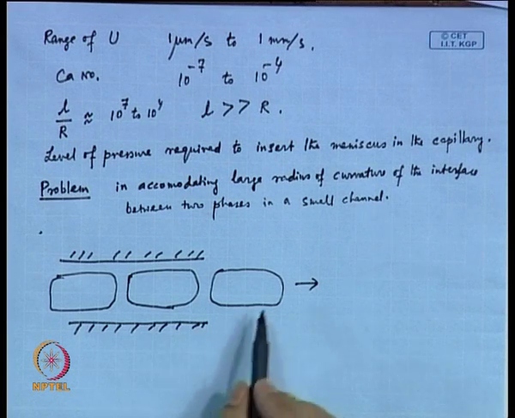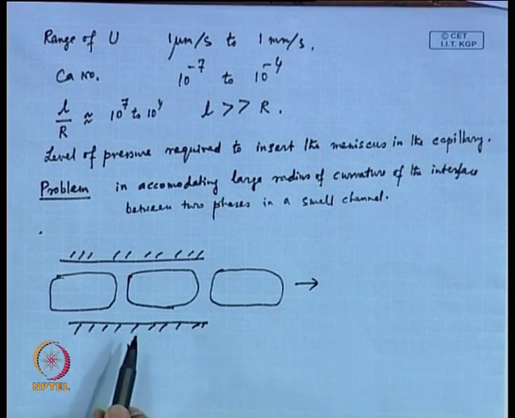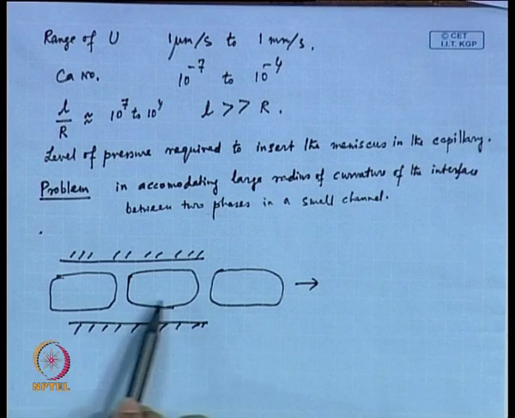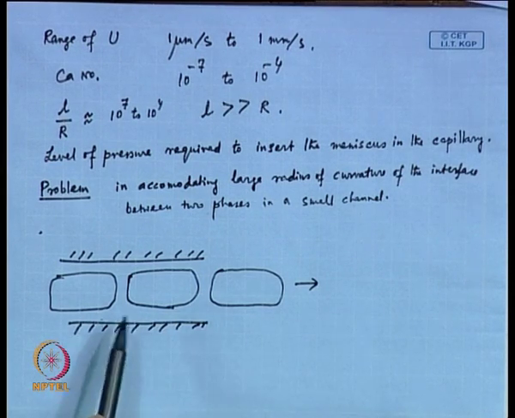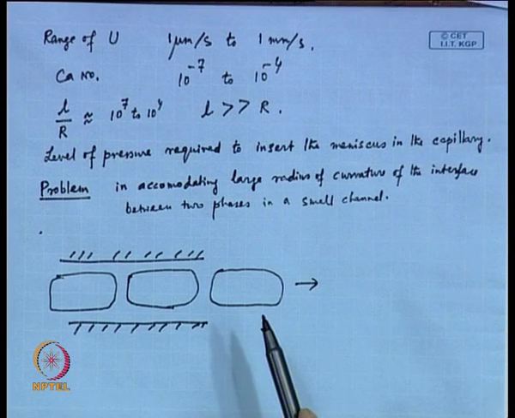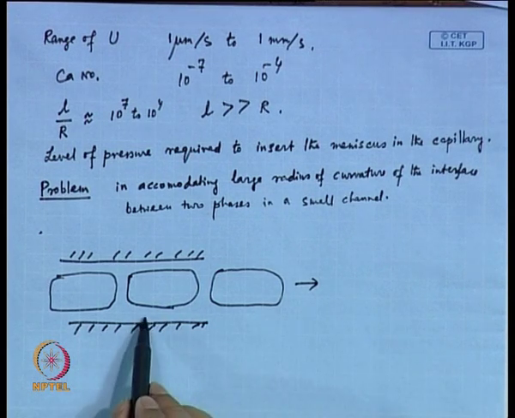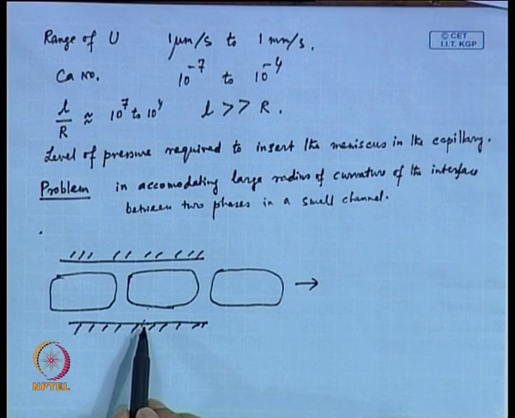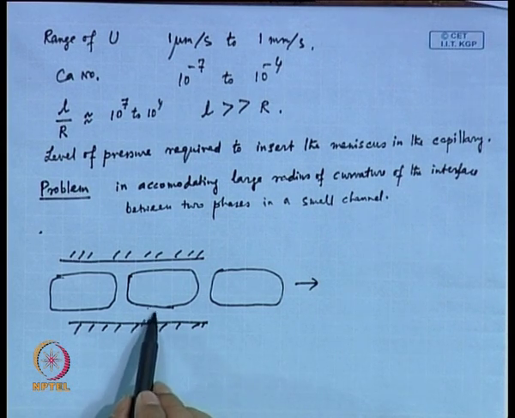So, the pressure drop for the flow of this train of bubbles is again somewhat different, and the mechanism would be somewhat different, because we need to understand how these annular regions will behave, how this part will behave.